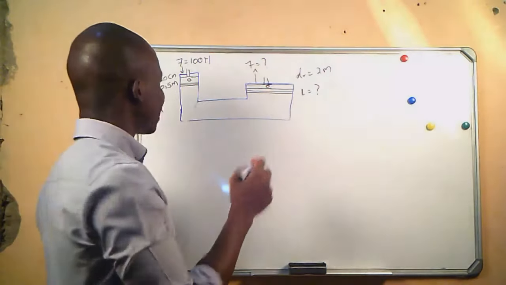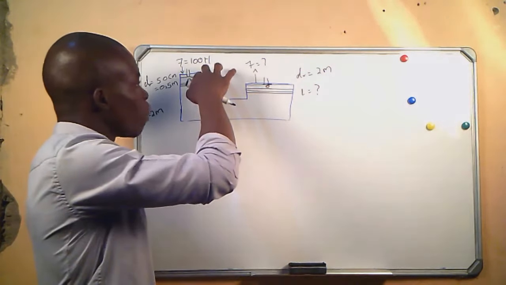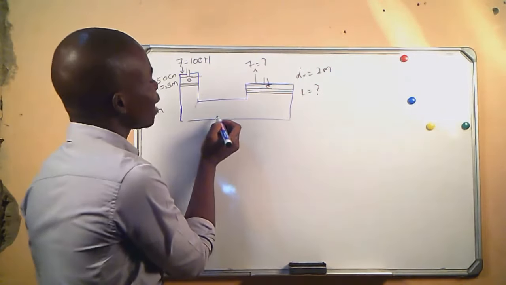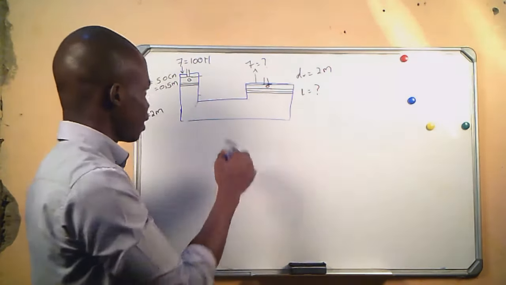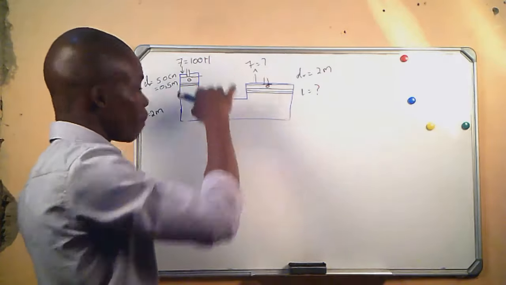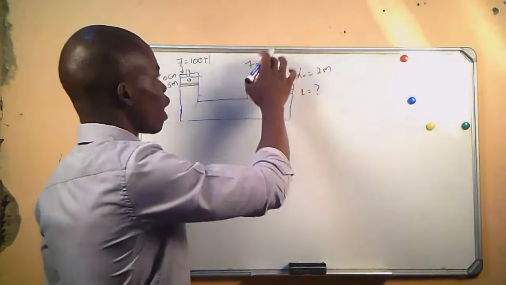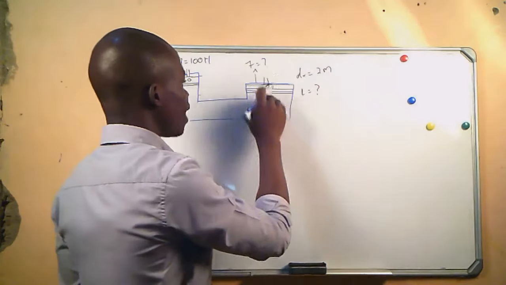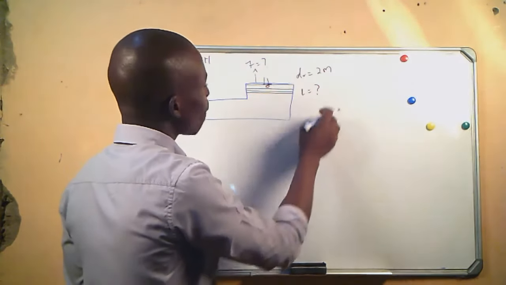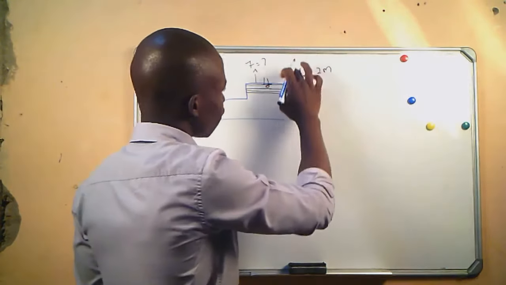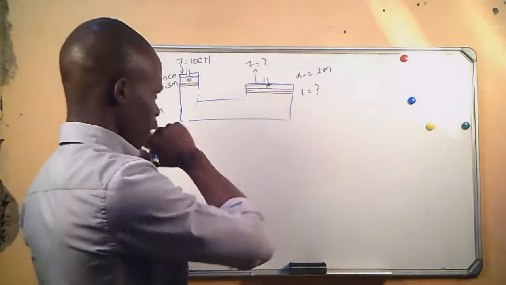The stroke length is the distance that the plunger moves from its top dead center to its bottom dead center, the distance moved by the plunger in one stroke. On the ram side, we are not given the force that will be acting on the ram going up. We are also not given the stroke length. We are only given the diameter of the ram.